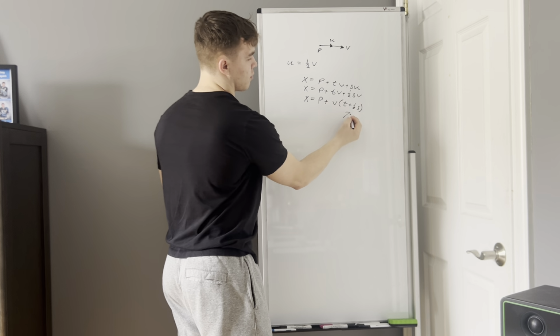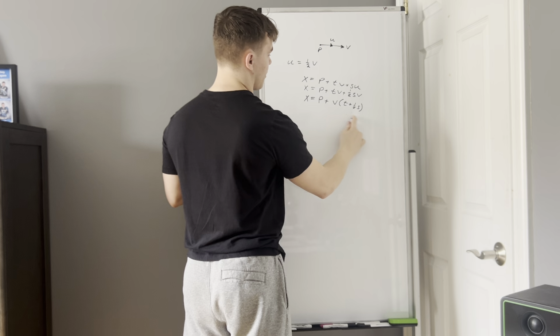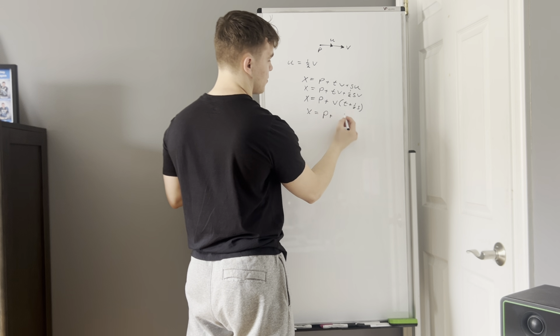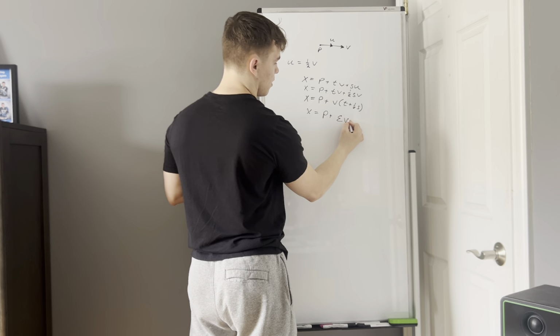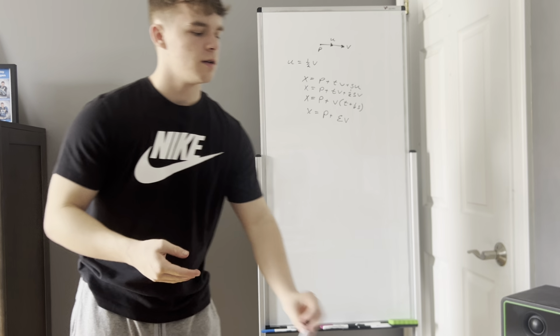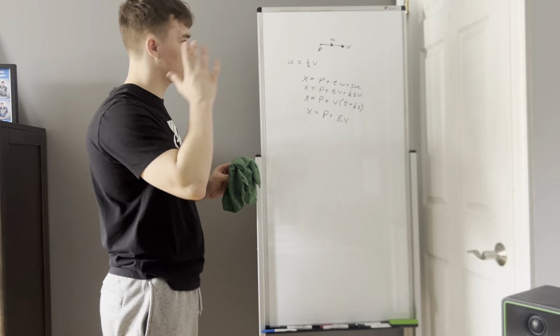If these are both just parameters, we can call them a new parameter. Let's call it epsilon. Well, now we just have the equation for a line. So that works. It's a good way to think of it.